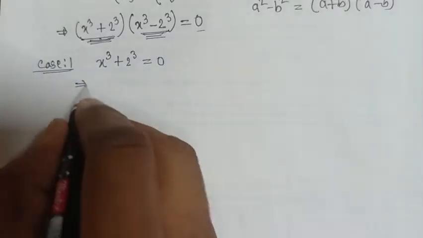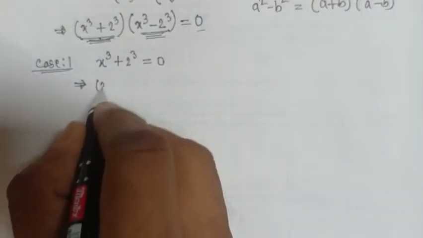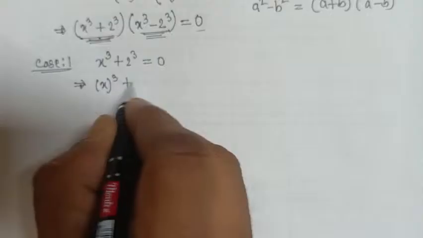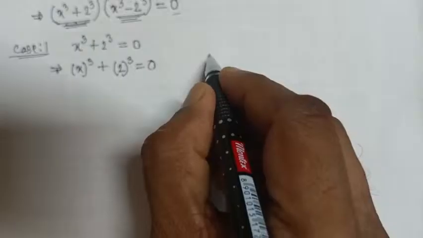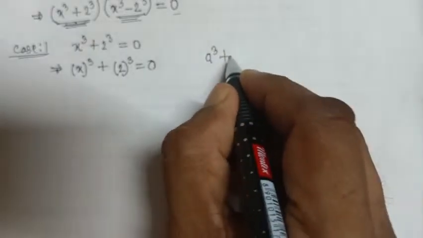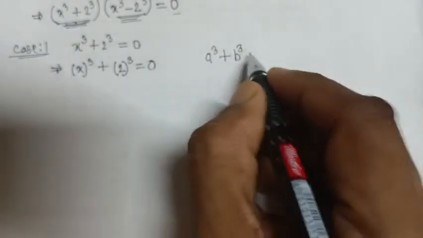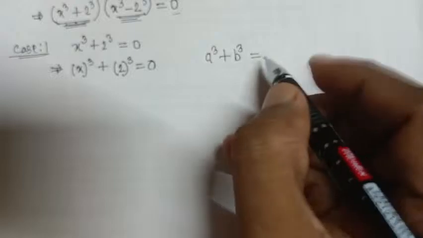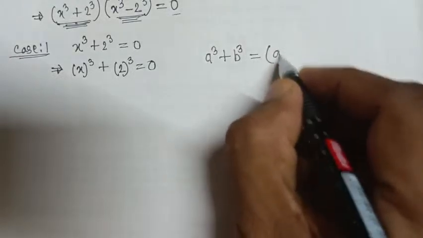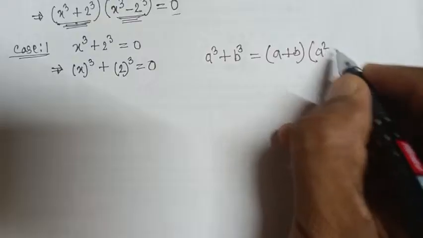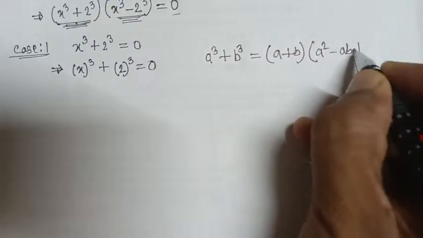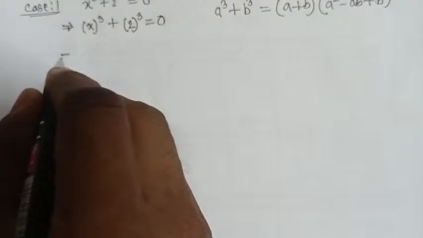Now we can write the expression like x to the power cube plus 2 to the power cube is equal to 0. Now we know the formula here, a cube plus b cube is equal to a plus b into a square minus ab plus b square. So we apply the same here.